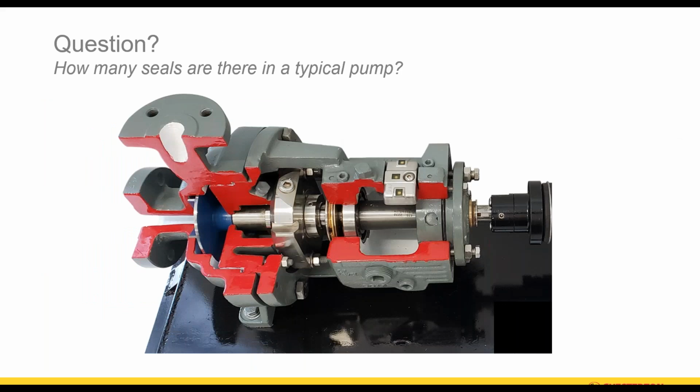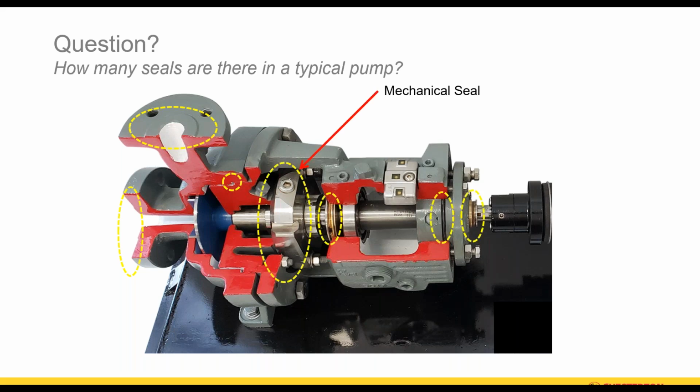So another question for y'all. How many seals are there in a typical pump? And it's interesting when you ask this question because you get many different answers. The reality is there's a lot. And you can see that, depending on the size of the pump, the type of the pump, this is a simple in-suction centrifugal process pump, and there's 1, 2, 3, 4, 5, 6, 7 different seals associated with that pump.